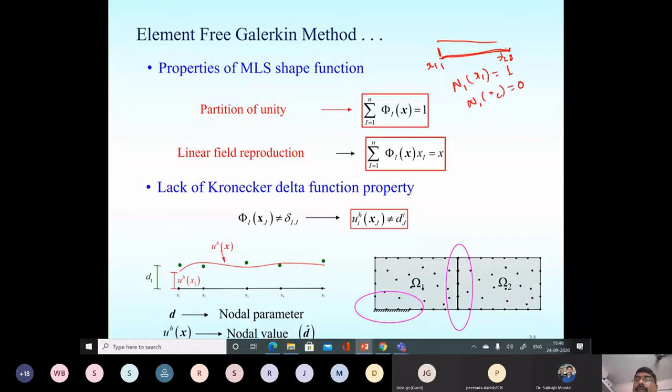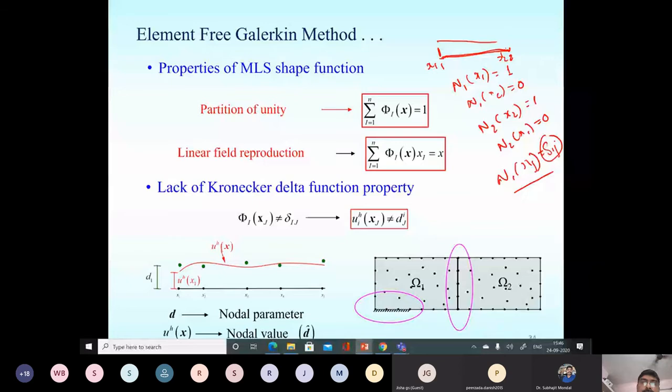Similarly, N2 at x2 is 1 and N2 at x1 is 0. So I can write this as Ni(xj) equals delta ij. This is called the Kronecker delta, which is 1 when i equals j, but that property is lacking in this case.